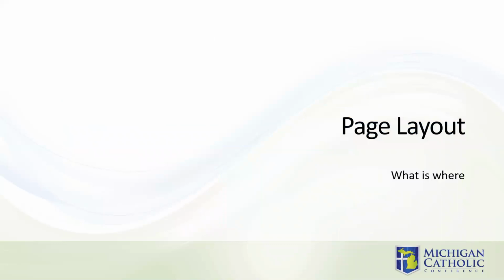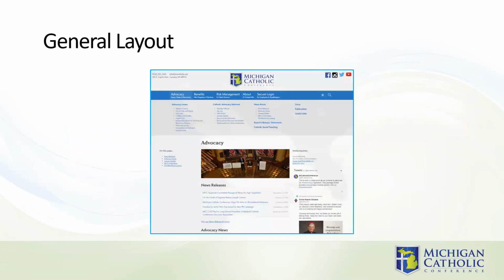Let's take a minute to get oriented and briefly review what is located where on our web pages. When you first look through our website, you'll find that there are areas that do not change from page to page. Across the very top of the web pages, you'll always find the telephone number for MCC's Employee Benefits Department and a general information request email address.